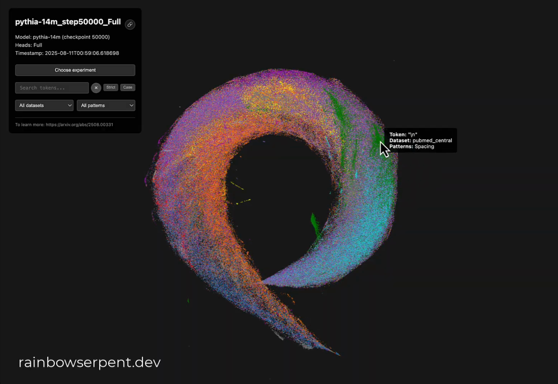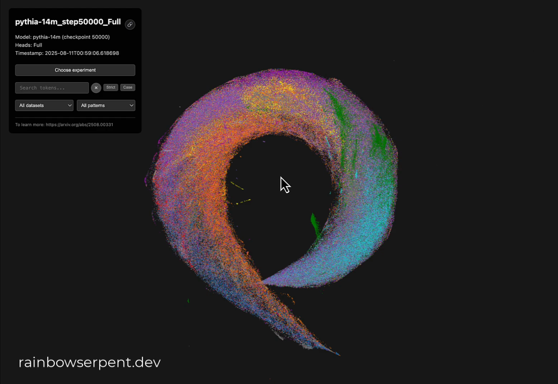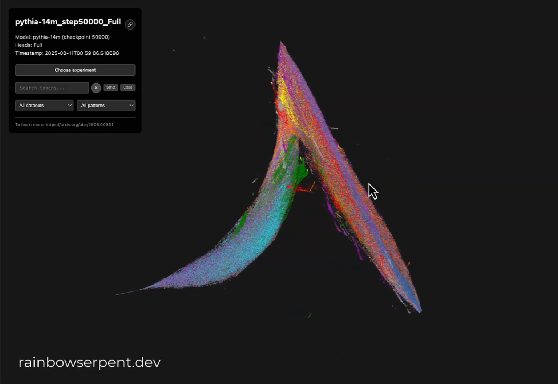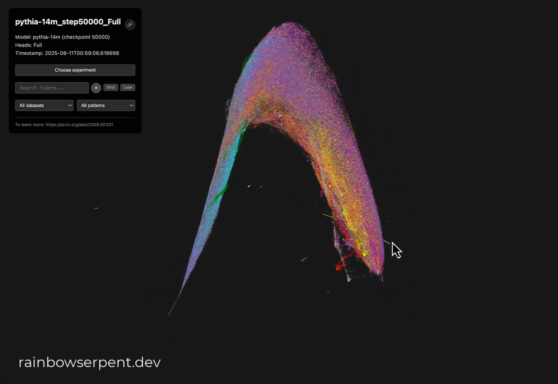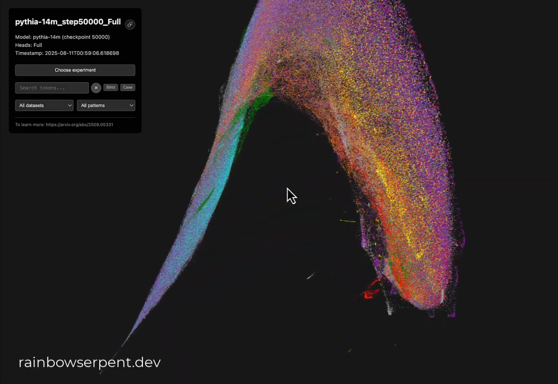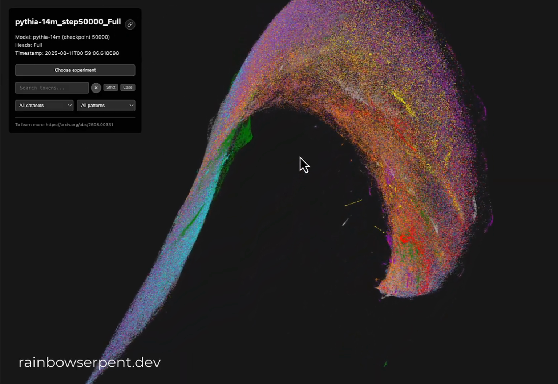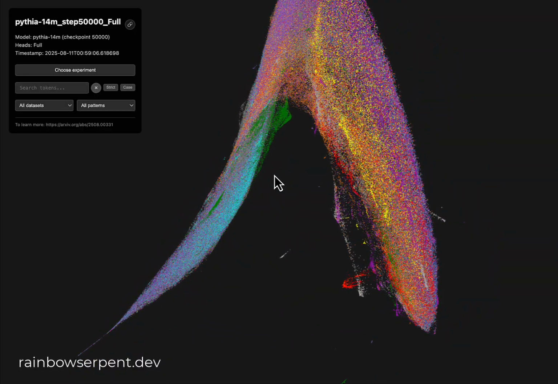The Pythia tokenizer doesn't have a lot of individual spaces, so most of these spacing tokens are in fact new lines. And you can see that there's some interesting dangly bits, or streaks as we call them, hanging off this side of the, this is the anterior end of the UMAP by our terminology.